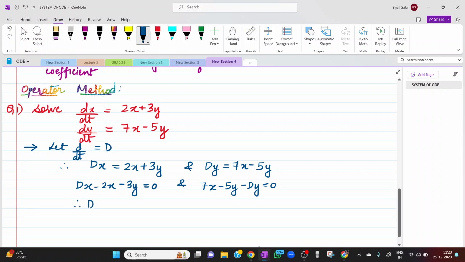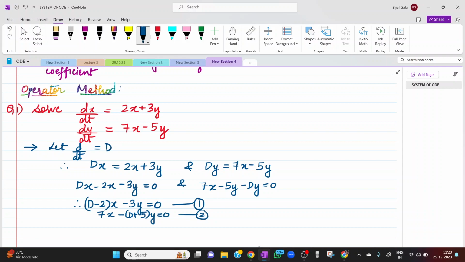Let me take the x common. So I have the operator D minus 2 working on x minus 3y equal to 0. This is equation number 1. For the second one, I have 7x minus D plus 5 working on y equal to 0. Equation 2. I hope things are clear so far.